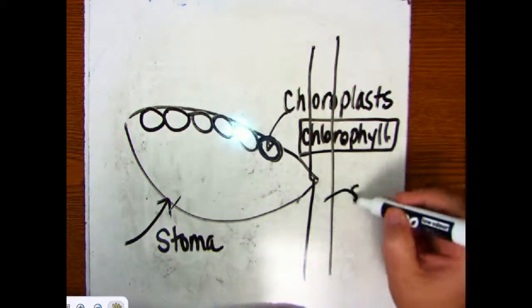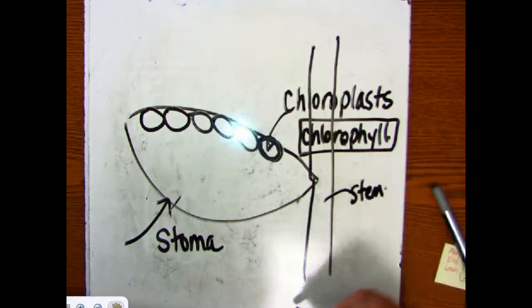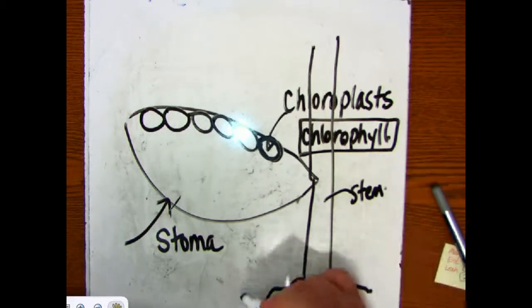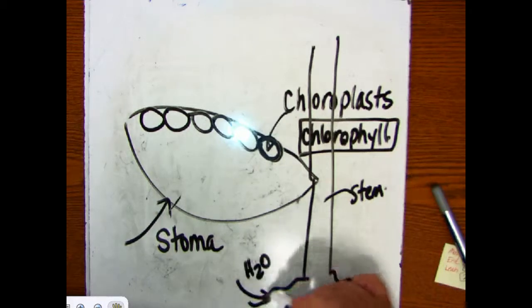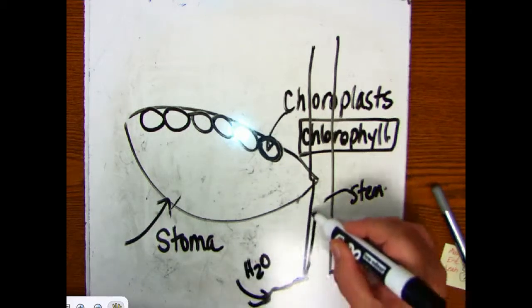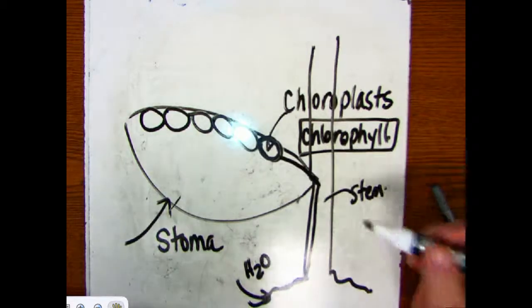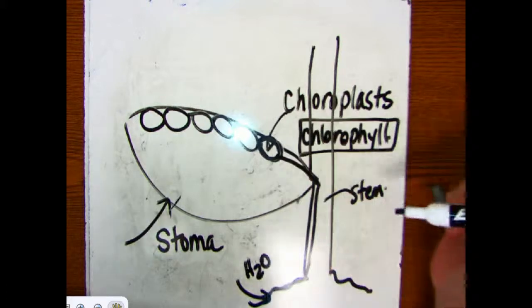Of course the stem is for support, but it is also for transport. The roots of the plant are for uptake of water and nutrients, so the water comes in and travels up the stem and into the leaves, and once the water gets in there, it's used for photosynthesis.